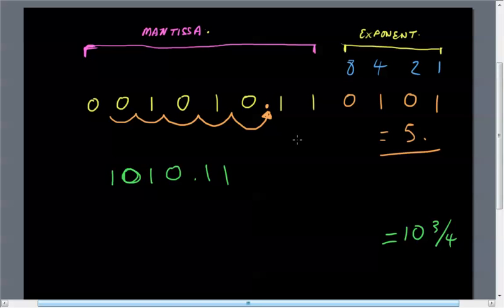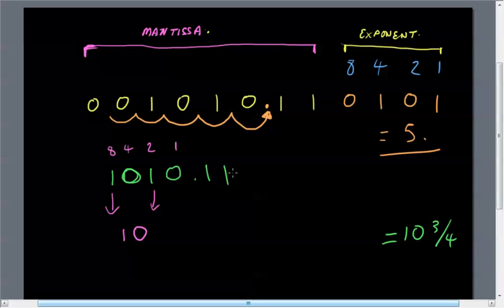So again, we can put in the columns here. Now this is our positive integer, this is the negative side. Okay, so we've got positive 1, 2, 4, 8. So 8 plus 2 is going to give us a denary of 10.